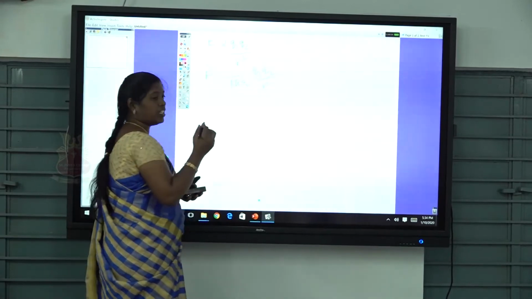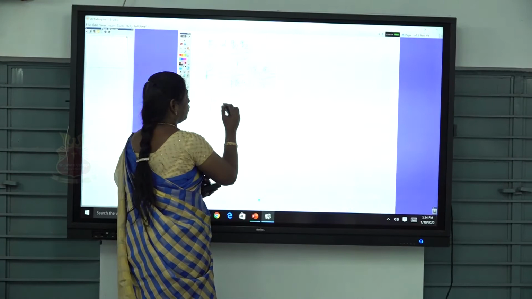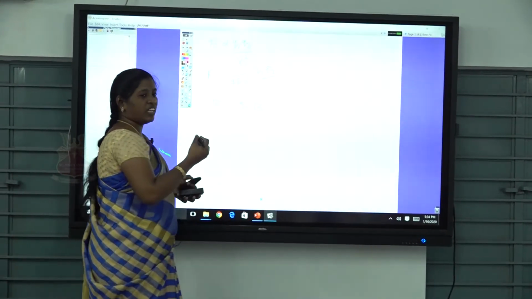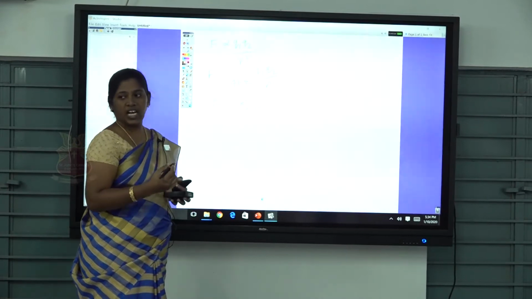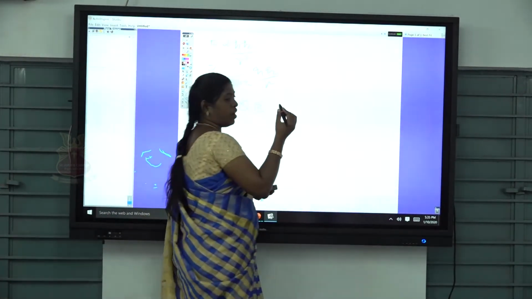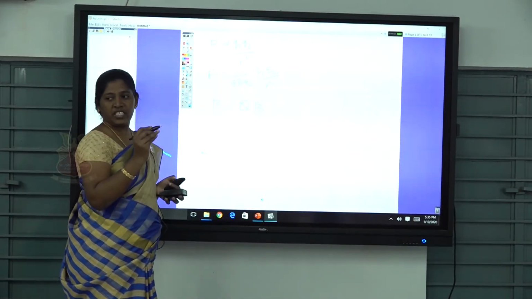Here we know the relation between F and Q: F is equal to QE. Using this formula, we can easily derive Gauss law. Consider a point charge at the origin enclosed in a sphere of radius r.